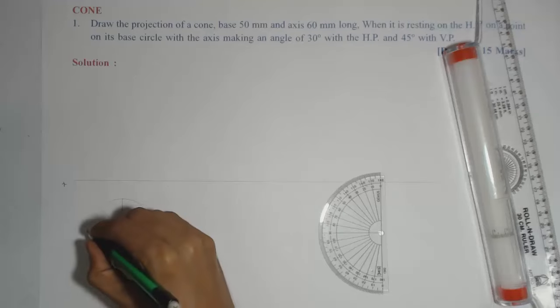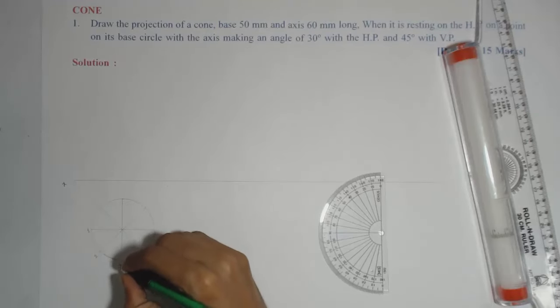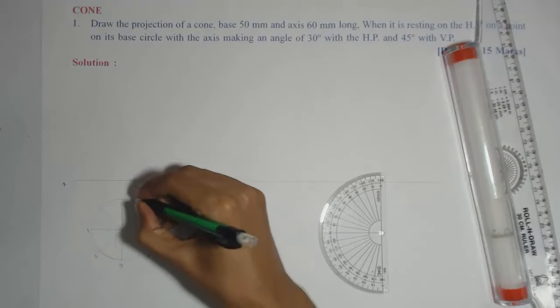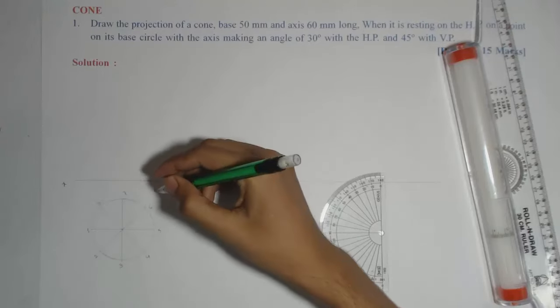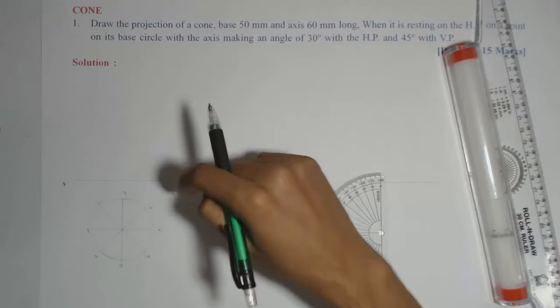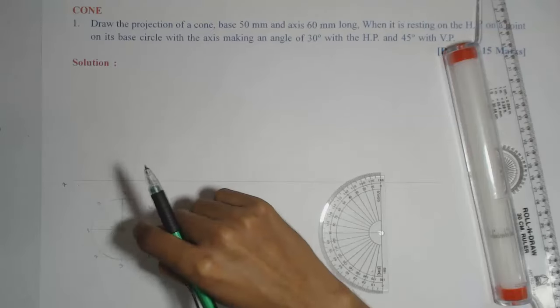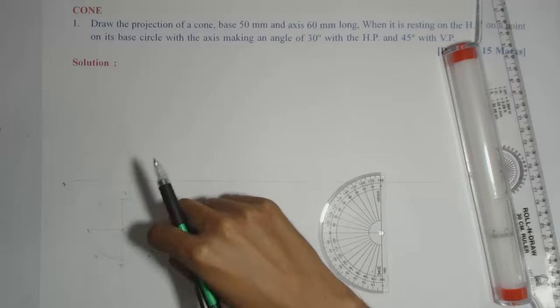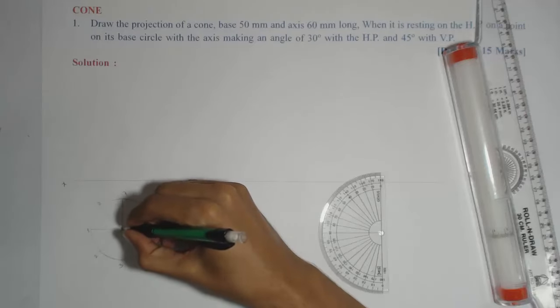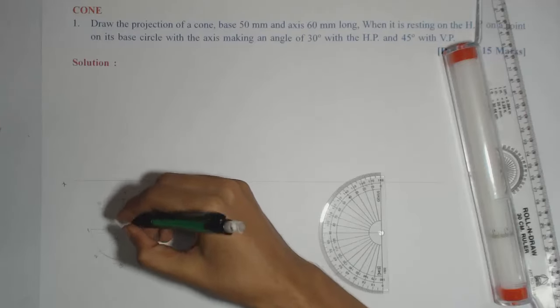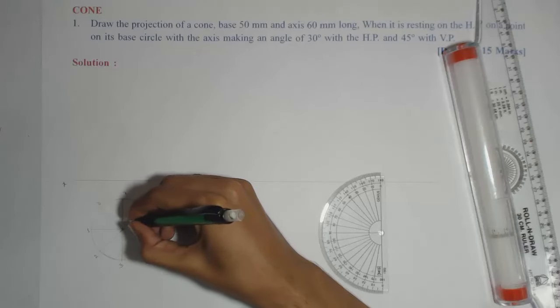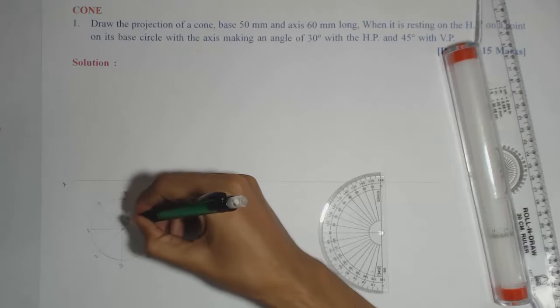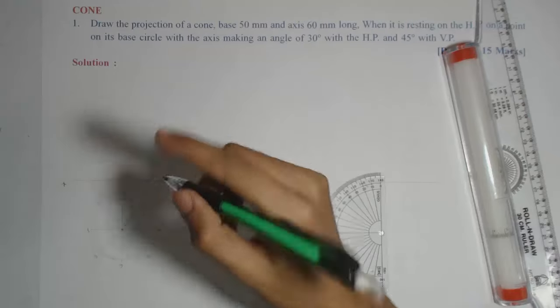So we'll start numbering 1, 2, 3, 4, 5, 6, 7, 8. Now in the case of the cylinder there were 2 bases, top base and bottom base. So along with 1, 2, 3 we also marked A, B, C, D there, but here since it is a cone, we'll get only 1 base, and the center of the circle will be the apex as well as the center of the circle. So we can say O, O.